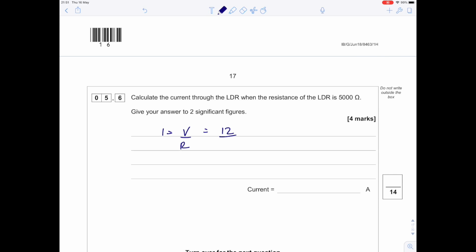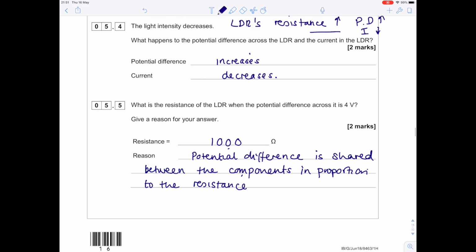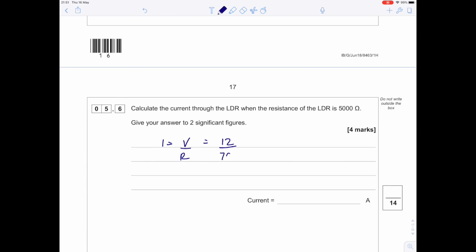So the voltage was 12 volts, the resistance was 7,000. And you'll get a value which is 0.001714, and then to 2 sig fig, just 0.0017.